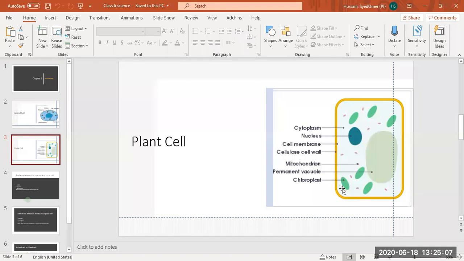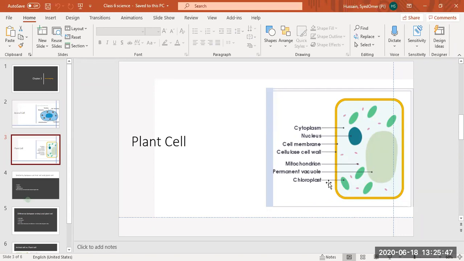Because these chemicals help a plant to capture sunlight energy, and then they can make their food during photosynthesis. Again, I am telling you what is photosynthesis. Photo means light and synthesis means to make. So plants make their own food in the presence of sunlight. This is the process which is called photosynthesis.